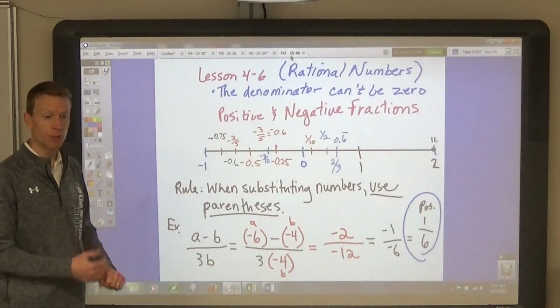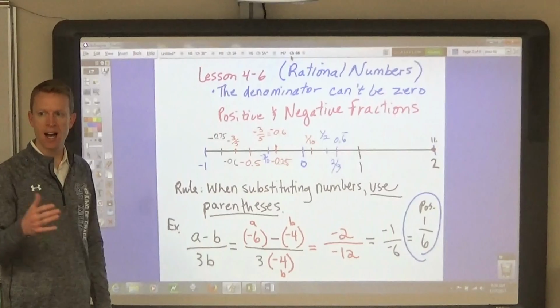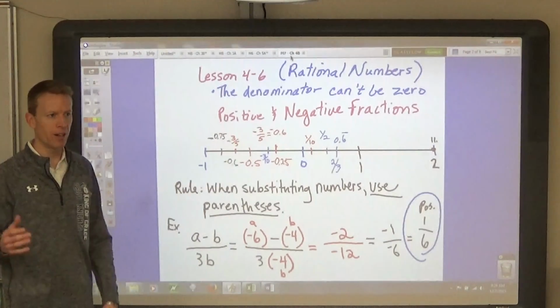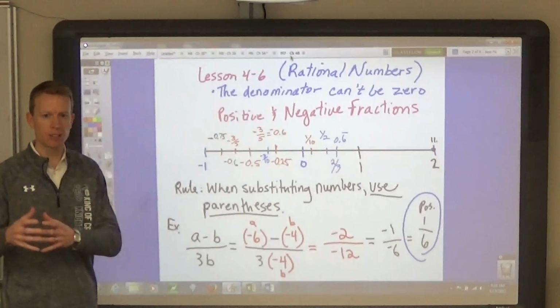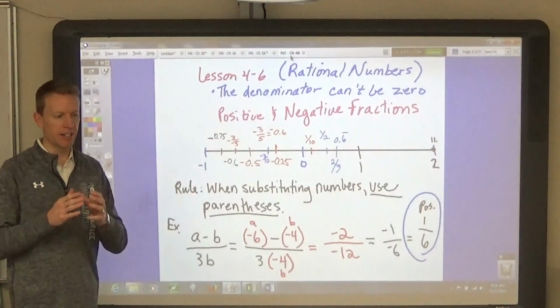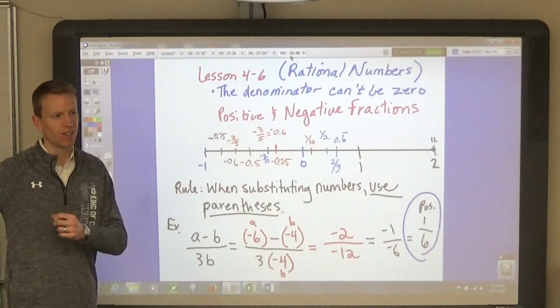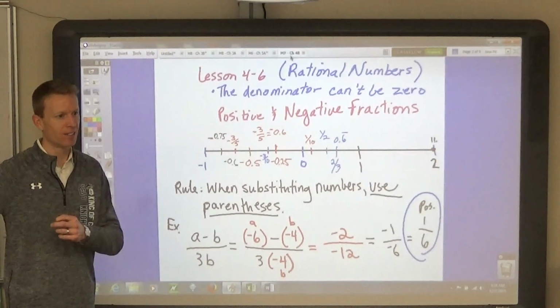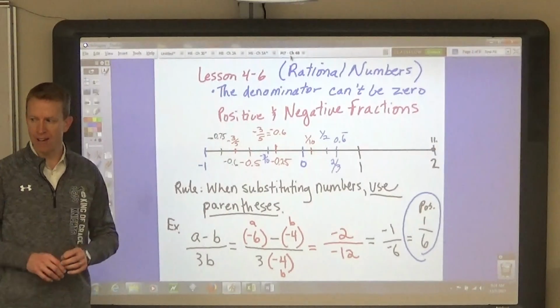So any decimal is a rational number, as long as it's a repeating decimal, or it's a decimal that does not go on randomly and doesn't have an end. Can you think of a number that goes on randomly and doesn't have an end?